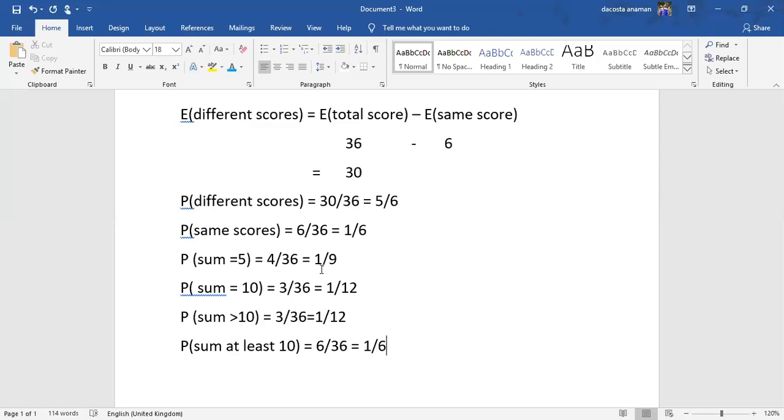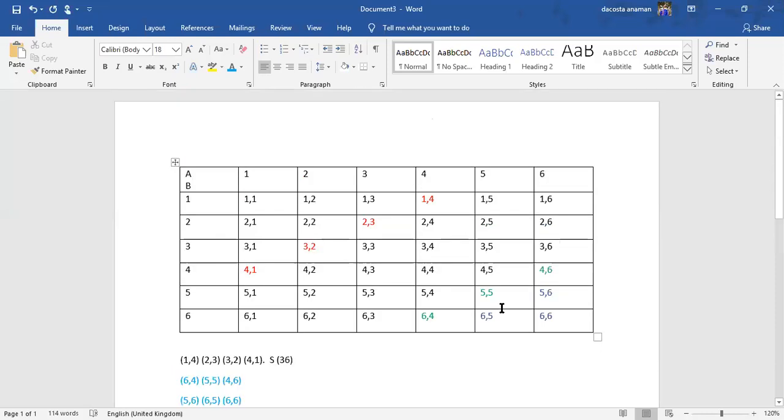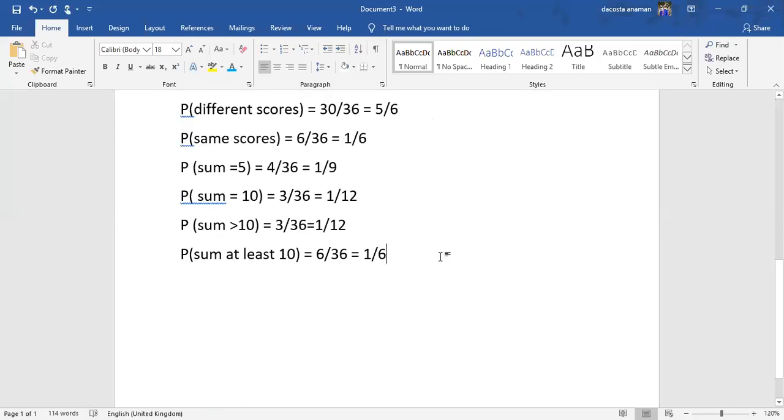Okay, good one there. So, with this same question, an assignment for you today too. Find the probability. This is an assignment, okay?